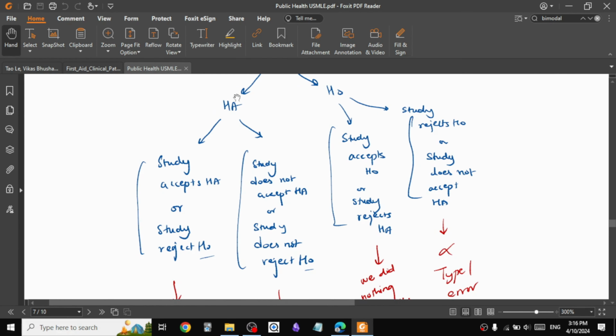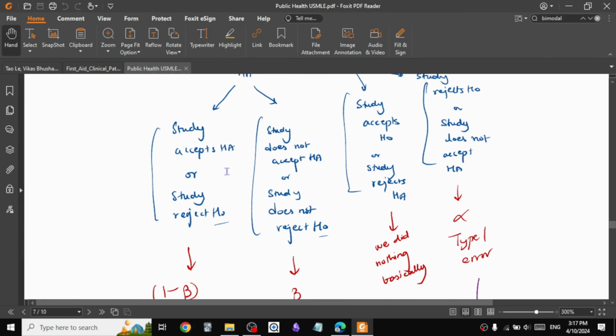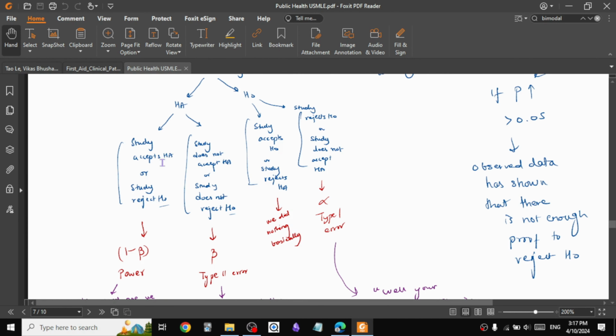All right. What's the next step? My true reality is HA being true, and my study is basically trying to prove if I'm right or not. So I give my true reality, and I'm seeing if my study is actually finding that out or not. What did I do? I have a study which accepts HA, or a study that rejects H naught.